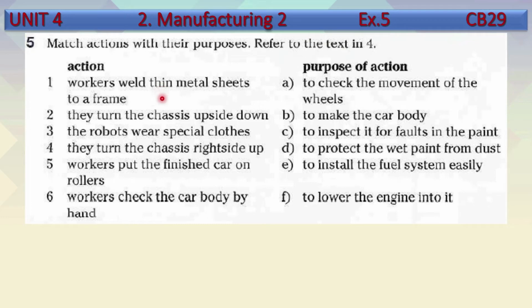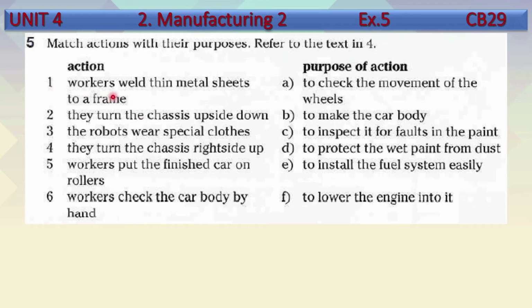As you can see, on this side, we have actions. And on the right side, we have the purposes of the actions. To do this task, we need to refer to the text in 4, that is, the text about assembling a car. Let's do the first one together.